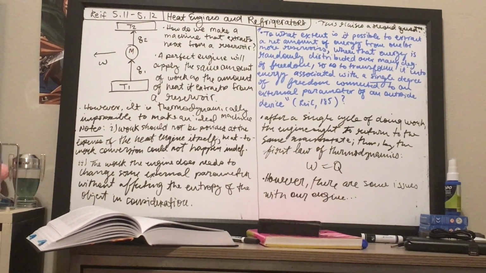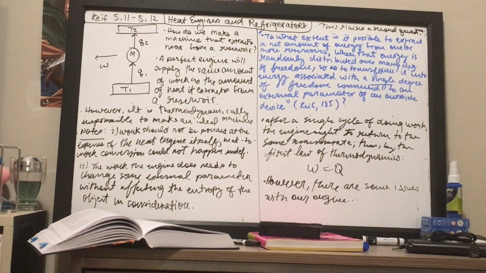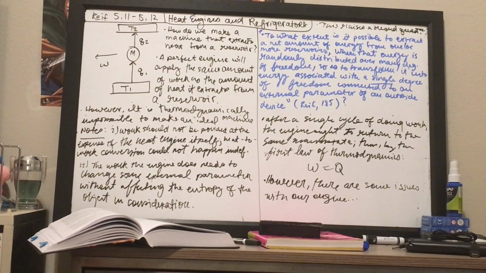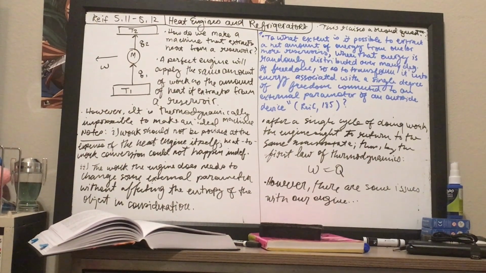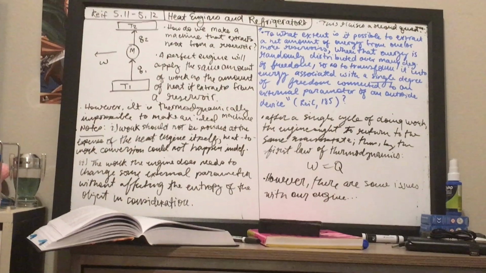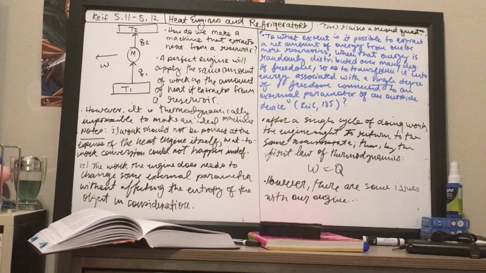Essentially, we want to see if we can get our engine hooked up to multiple heat reservoirs, extract from all those heat reservoirs some amount of heat, Q, and transform it into some sort of associated energy, affecting only the single degree of freedom of a single parameter of some device in question, right?